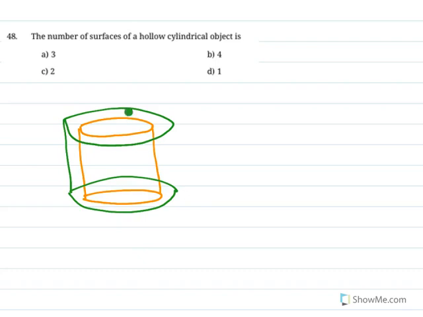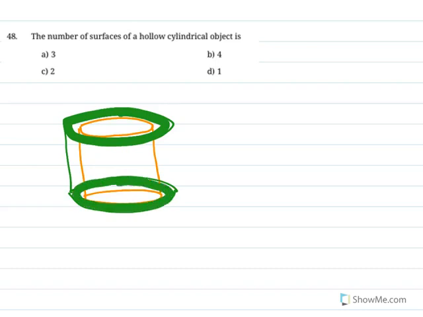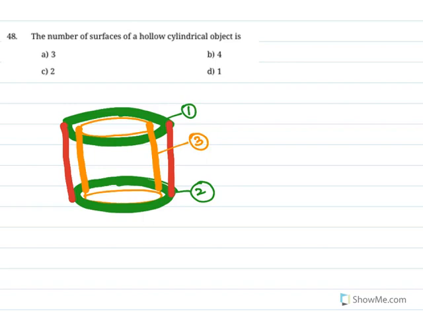Now the surfaces in this will be, first is this surface, which is like a ring, 1, 2, so we have 2 surfaces here, 1 ring here, the second surface, and then we have the inner surface. And then we have the outer surface, so two more, the outer surface here. So this will be the third, and here will be the fourth surface. The total surfaces will be 4.